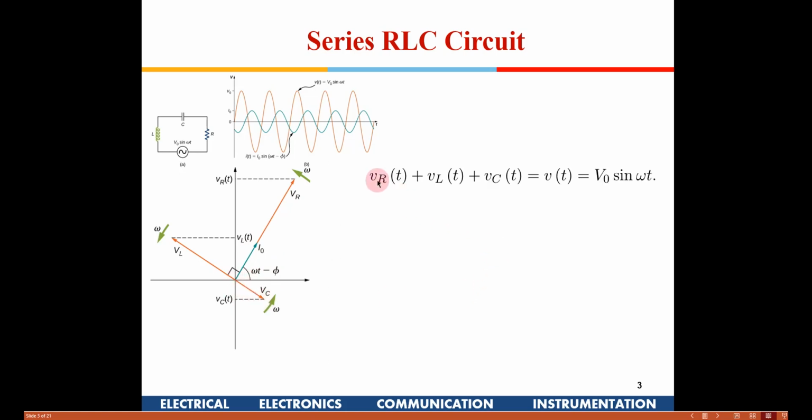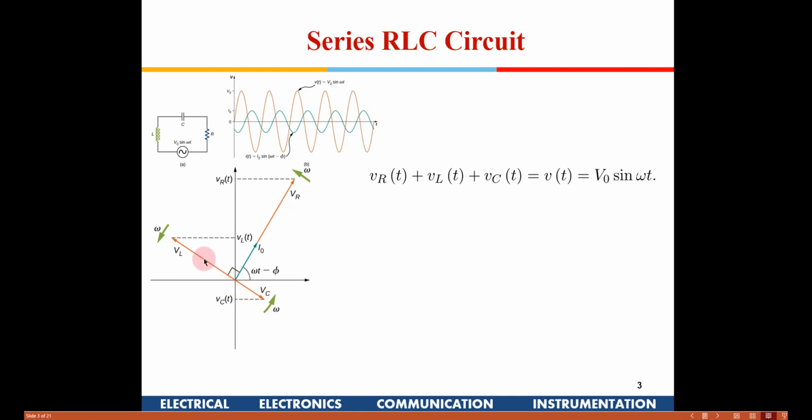Now if we apply the normal loop equation, or Kirchhoff's voltage law, the sum of these three voltages has to be the applied voltage, right? So if you see, VL and VC are opposing each other. In this particular case we are assuming that VL is going to be greater than VC.